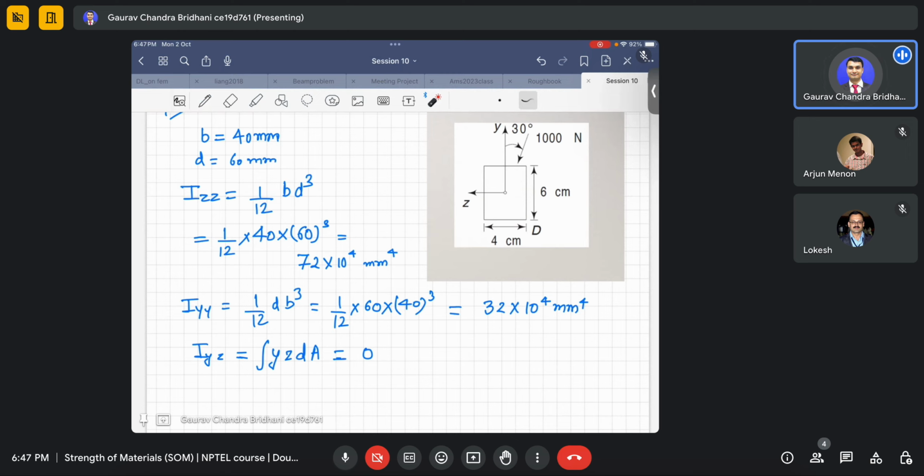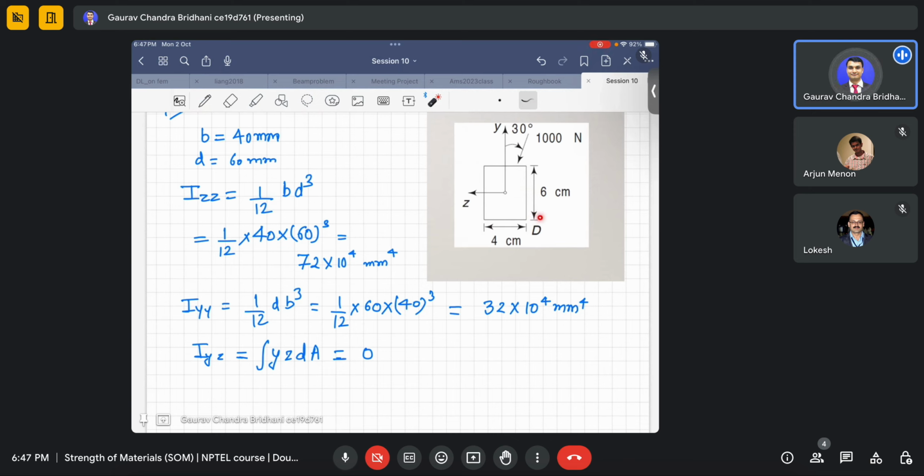So when you integrate it, it becomes y square by 2 and z square by 2 in multiplication. Now when you have to put the limits, your limits are minus d by 2 to plus d by 2, and your limits in y become minus b by 2 to plus b by 2, or the other way around.